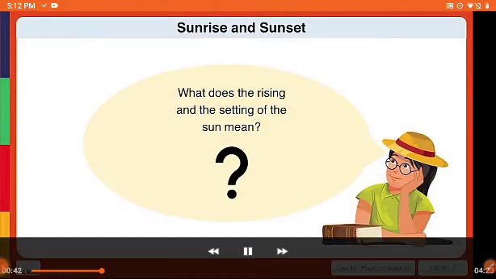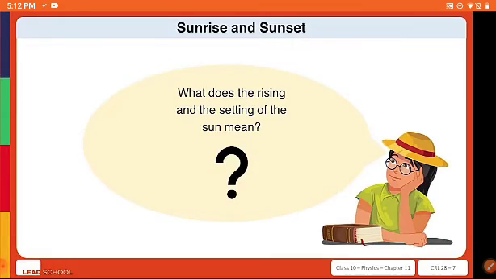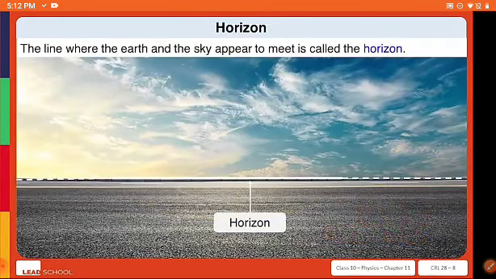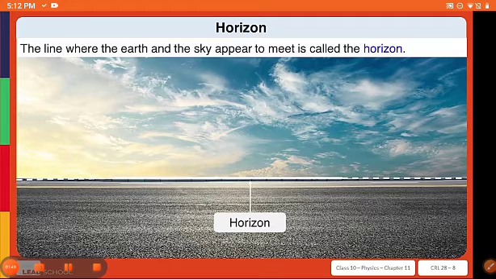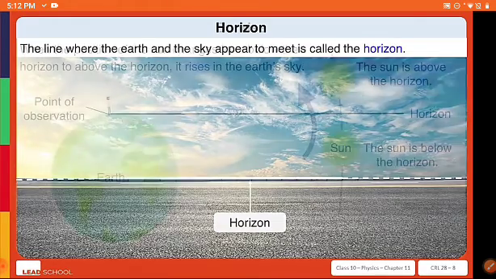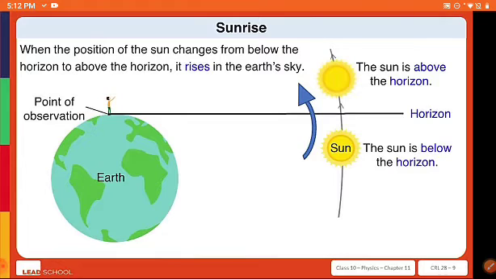So, what does the rising and setting of the sun mean? When we look across the sky, we can notice an apparent line below which we are not able to see the sky. This is the line where the earth and the sky appear to meet and is called the horizon. This line is tangent to the earth's surface at the point of observation.